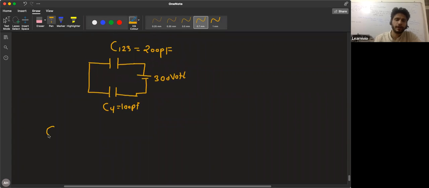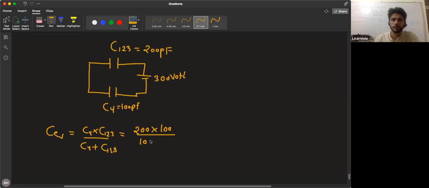So you can write that C equivalent is C4 multiplied by C123 divided by C4 plus C123. Now C123 is 200, C4 is 100.